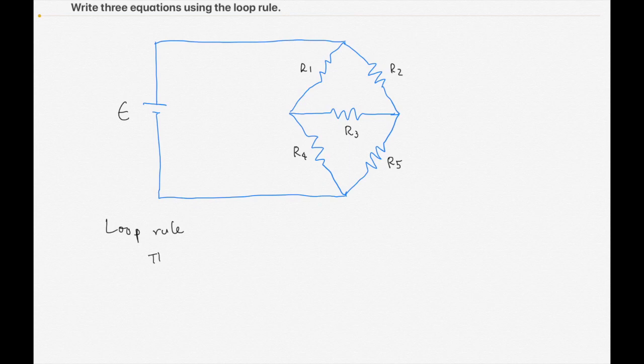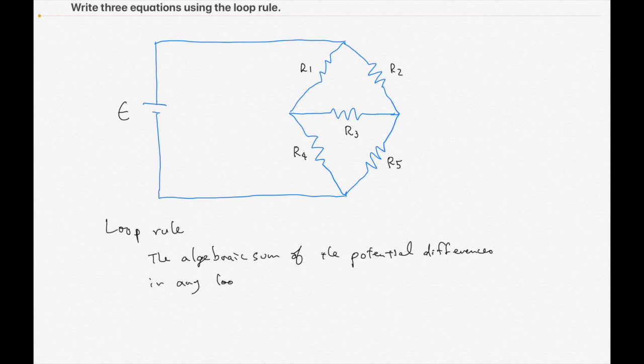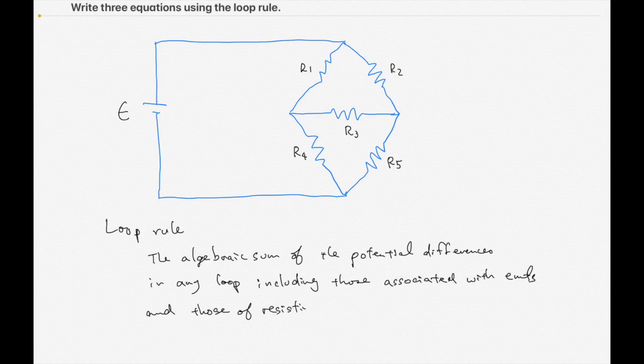Loop rule says the algebraic sum of the potential differences in any loop, including those associated with EMF and those of resistive elements, must be 0.